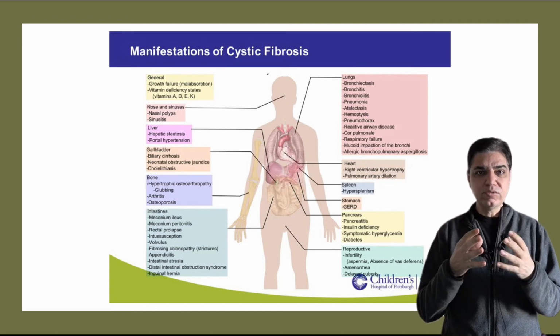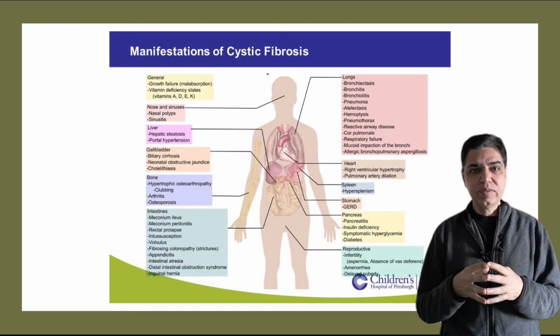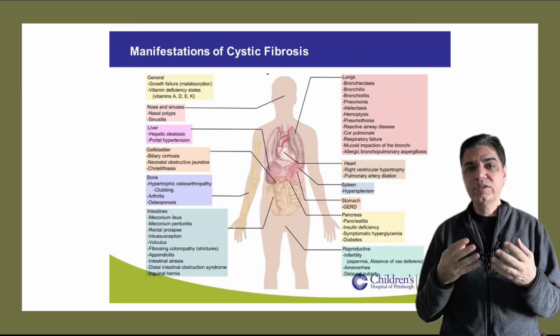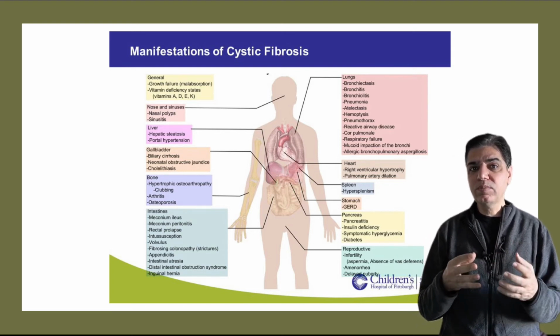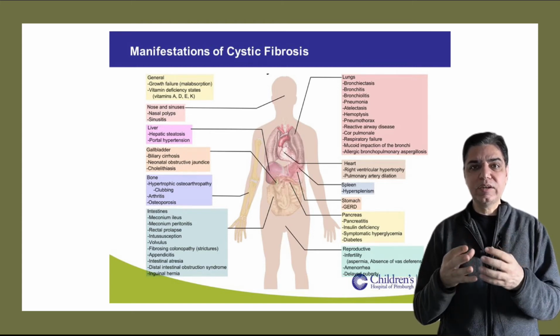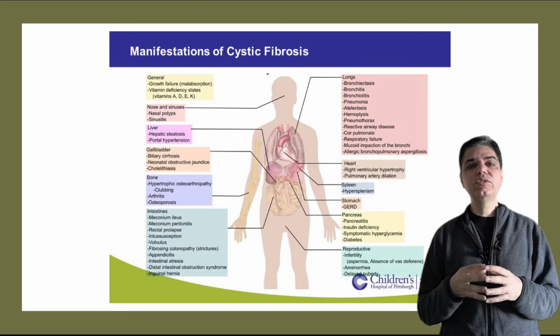So these children would be having chronic diarrhea and steatorrhea as well. Steatorrhea means that there's a lot of fat content in the stool. Why? Because the fat is not being absorbed. Again, why? Because the pancreatic secretions are so thick that those enzymes cannot come into the intestines.